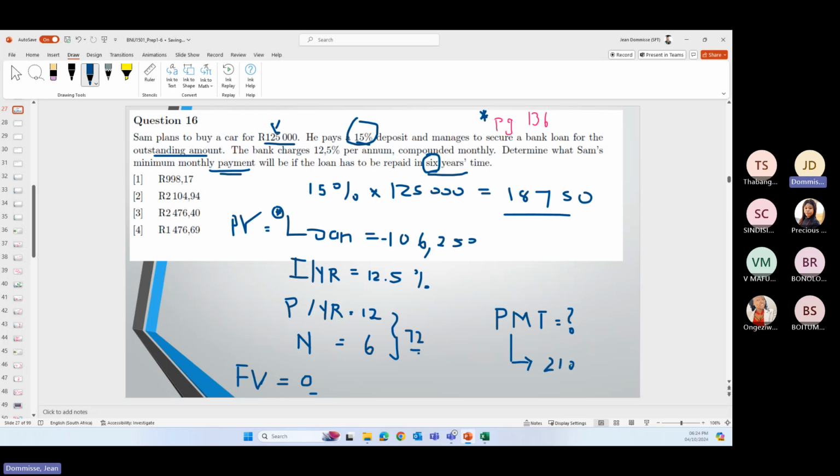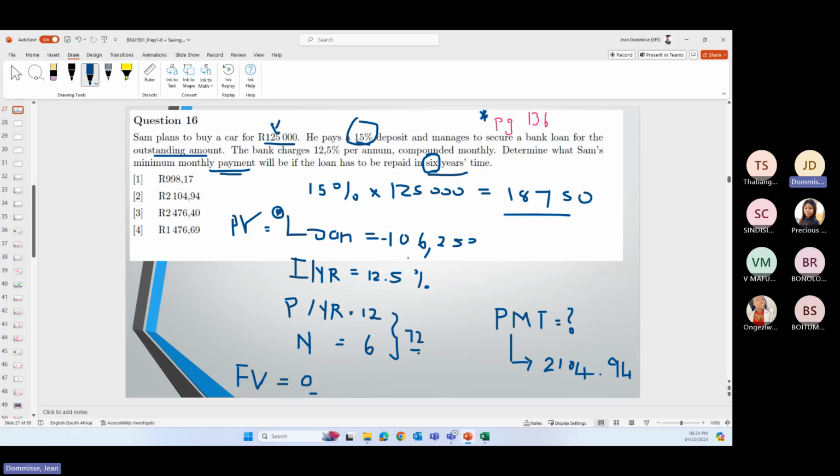I will also show this on Excel for you guys, because all of this information one can put into Excel. Something that I would normally do just as an indicator is take this 106,250 and divide it by 72 months.